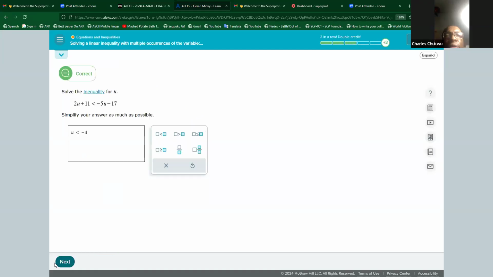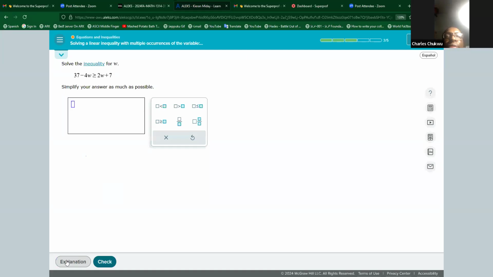Okay, so go ahead and check. Correct. Okay. So for this table, again, 4W is greater than or equal to 2W plus 7.